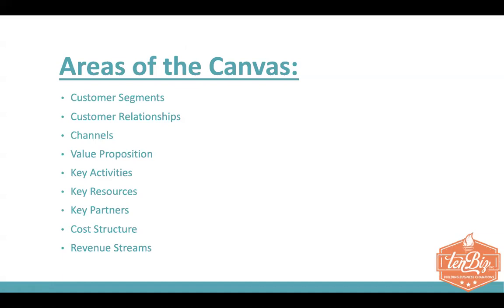So the channels really could be, for instance, if I wholesale to a company, that would be a channel, a wholesale account to another store. If I go to the farmer's market, that's a channel. If I have website sales, that's a channel. If I go door to door, that's a channel. It's just all the different sort of sales platforms or sales outlets, if you will, however you get your product into the hands of your customer.